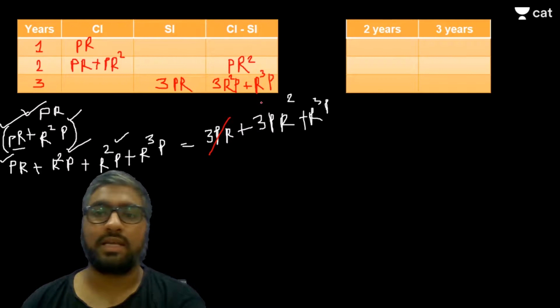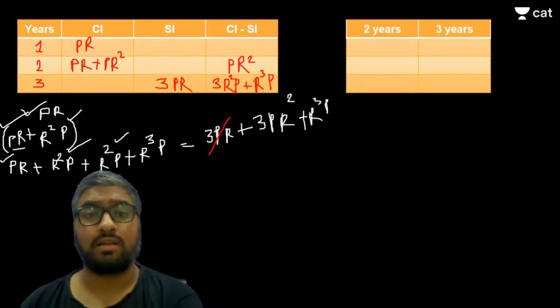So let's write the ratio in terms of 2 years it is PR square, 3 years it is 3 times R square plus R cube.